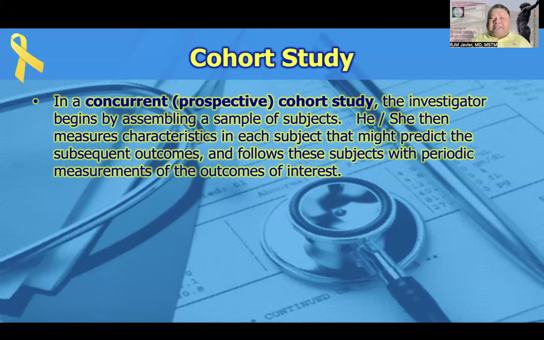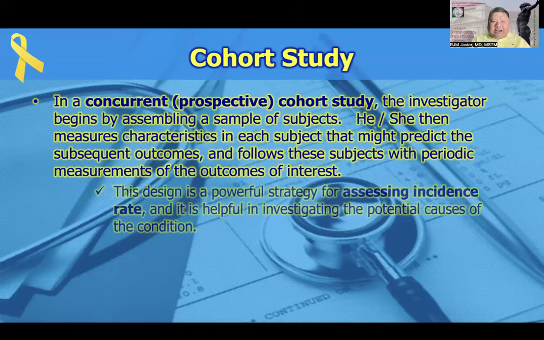For a cohort study, you recruit subjects based on the presence or absence of the risk factor. The investigator measures characteristics in each study subject that might predict the subsequent outcomes, and therefore, these subjects are followed up in time to determine whether or not they will develop the outcome of interest.